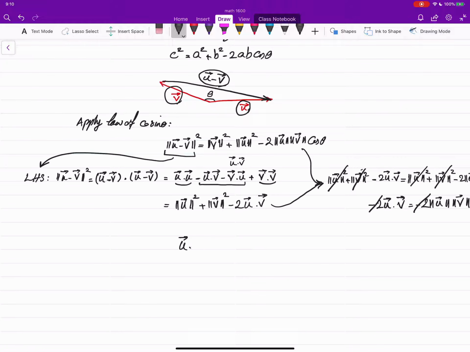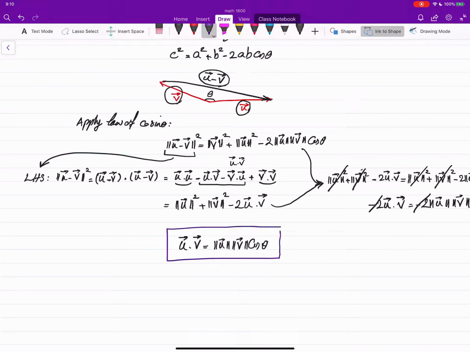This is u dot v. We know how to find that. U dot v is you multiply the corresponding components and add them. But now we are proving that it is equal to length of u times length of v times cosine of theta, the theta angle between these two vectors.